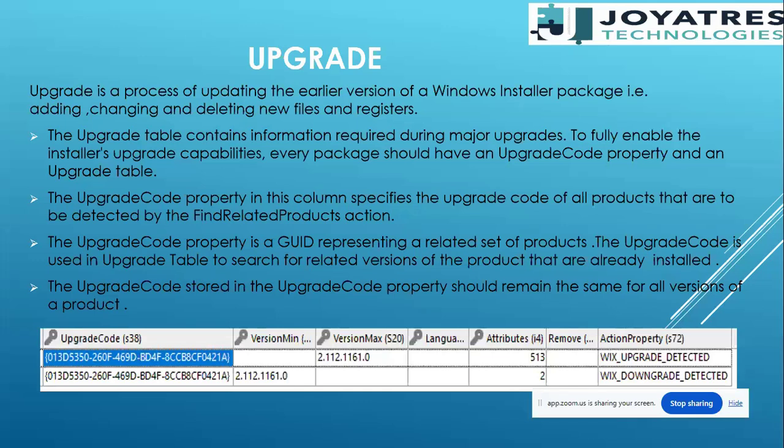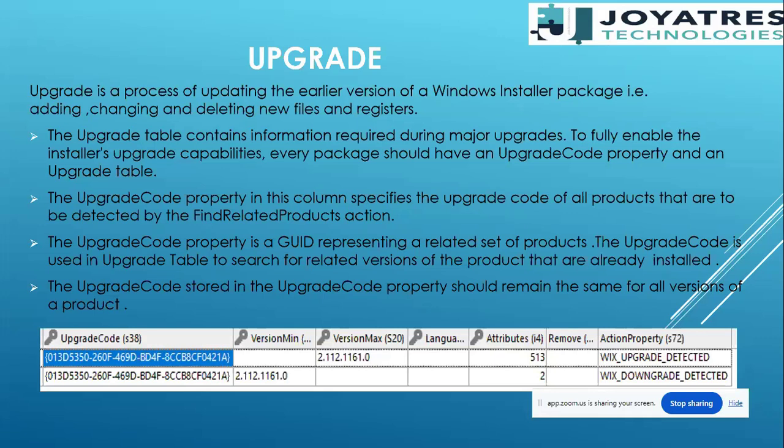If you see, both have the same version. For example, you have version 1 and you are trying to upgrade to version 2. Then for version 2 you specify the updated version. So this version max and version minimum is the updated version of my application, not the lower version.